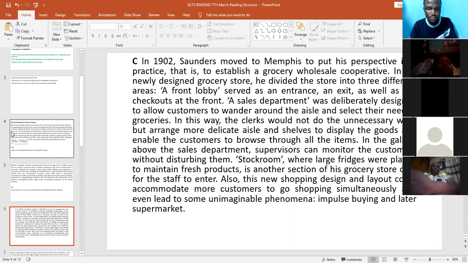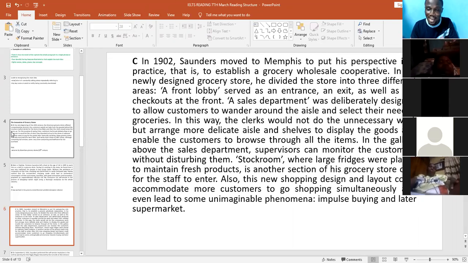Let's go. In 1902, Saunders moved to Memphis to put his perspective into practice, that is, to establish a grocery wholesale store. So after a while, he went to establish his own store, put his own idea into practice. In his newly designed store, he divided the store into 3 different areas. Can you see?